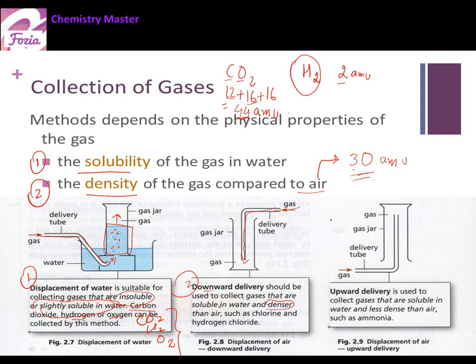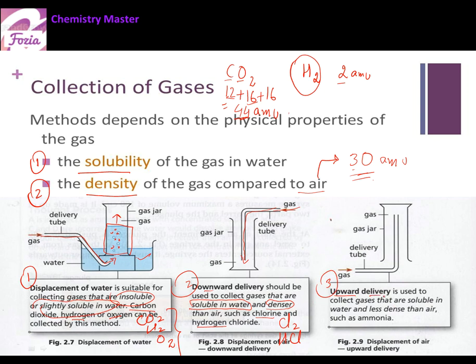So the gas which is soluble in water cannot be collected by displacement, and it is denser. That's why it is collected downward. And what are those gases? Chlorine and hydrogen chloride. So just remember that chlorine and hydrogen chloride gas can be collected by downward delivery.